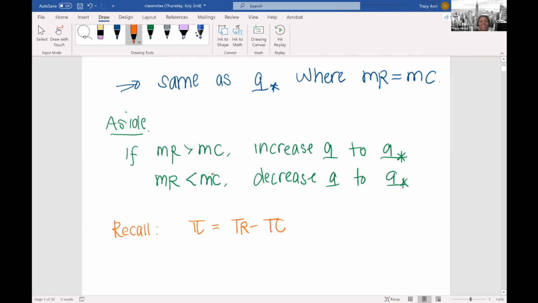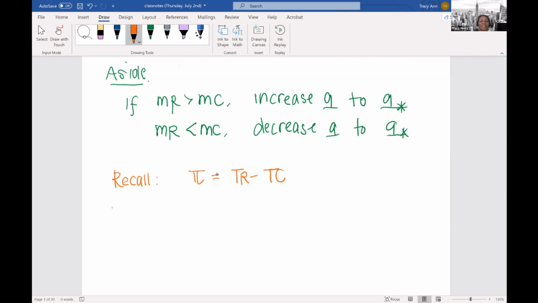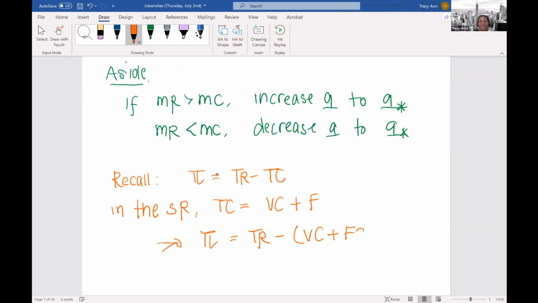In the short run, total cost is equal to variable cost plus fixed cost. So this implies that profit is equal to total revenue minus variable cost minus fixed cost.